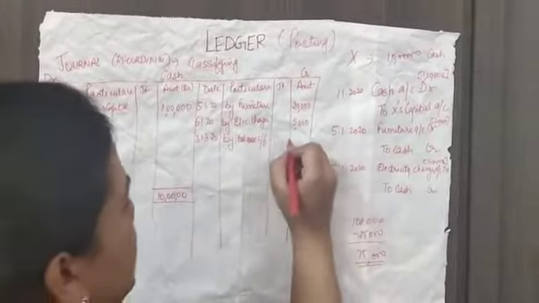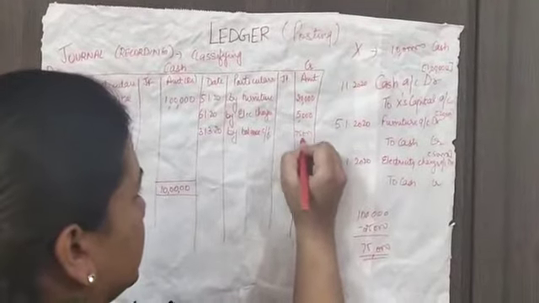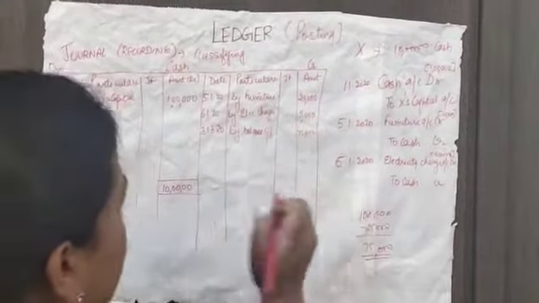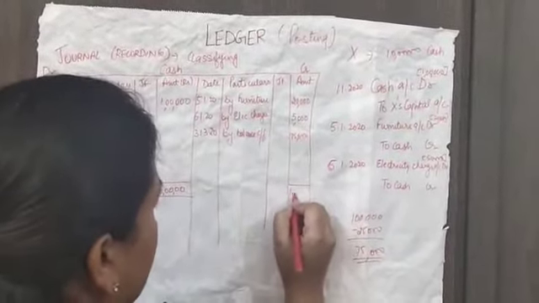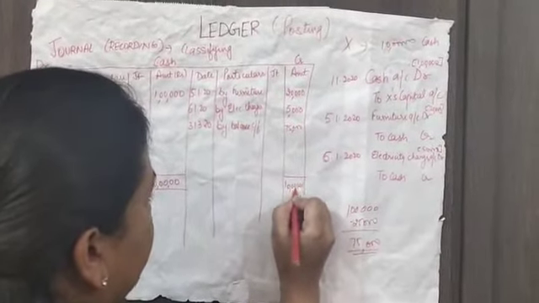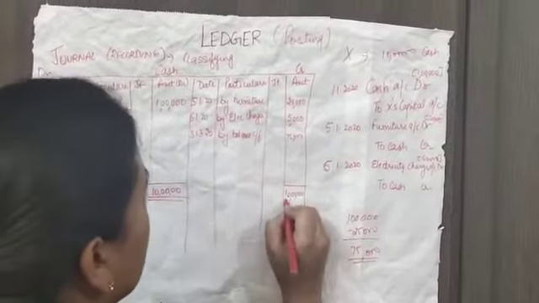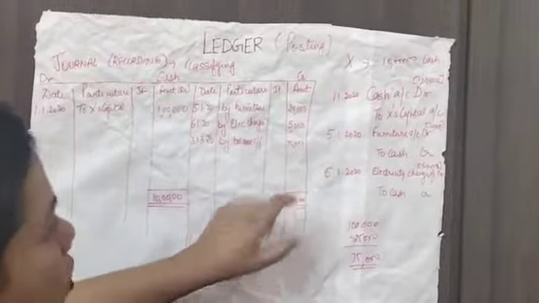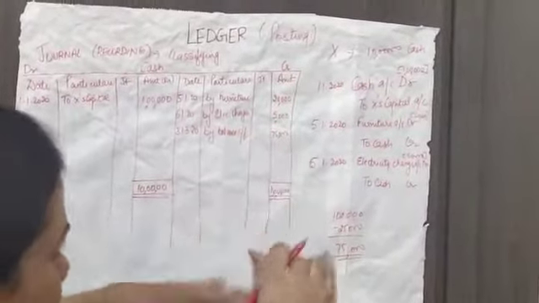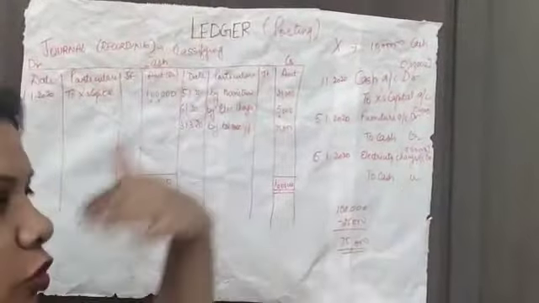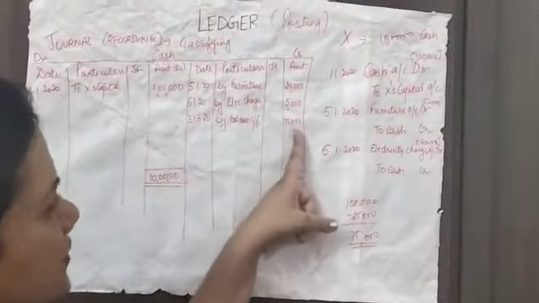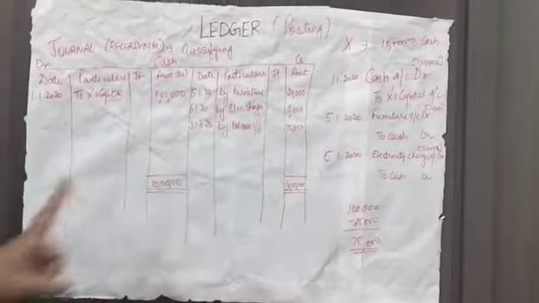How much? 75,000. Okay, now both the sides are equal, so here also we write the total as 1 lakh, and when the total is equal we write 2 double lines. That means we are closing the account now. And in the next accounting period, when we open the cash account, it will start with this balance, but on the opposite side.